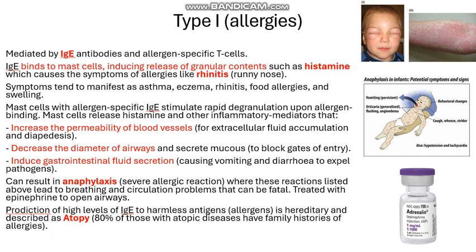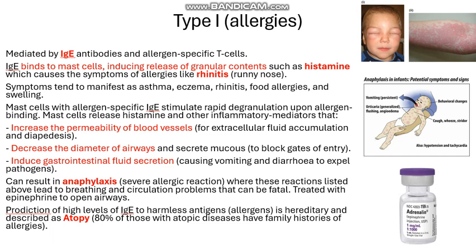Remember, we talked about pathogens being able to enter the body through mucosal membranes. So decreasing the diameter of airways restricts access to these mucosal membranes, because the immune system is kind of thinking that these harmless allergens are actually pathogens trying to infect us.